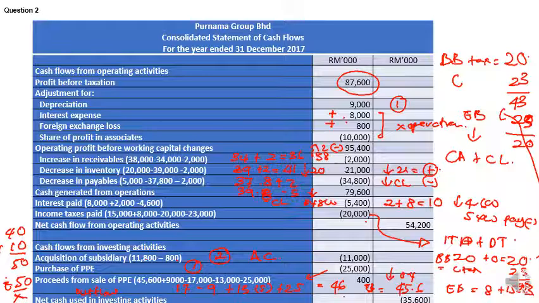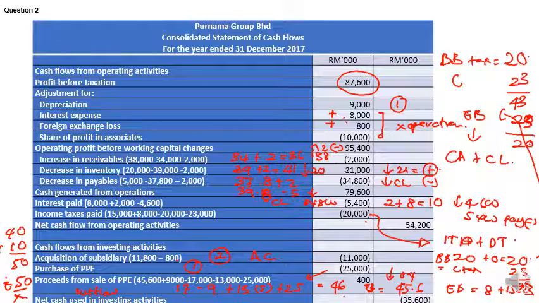Okay, the next item that we have here is purchase of PPE. Purchase of PPE is already given, so this one is item number 1. Next, you need to find the changes in the PPE.